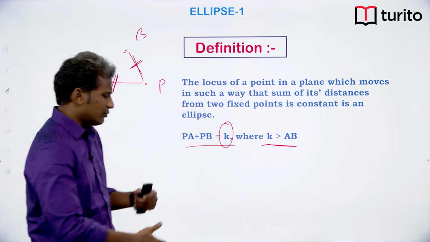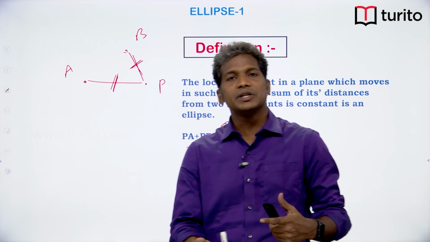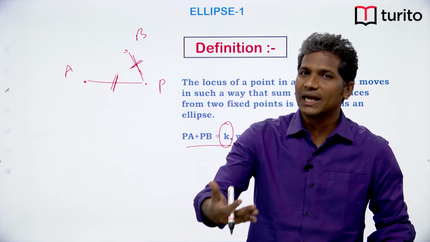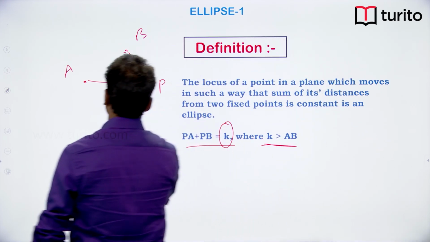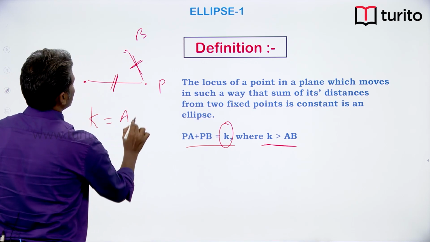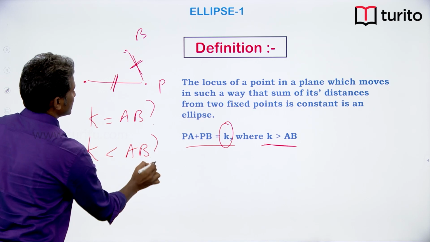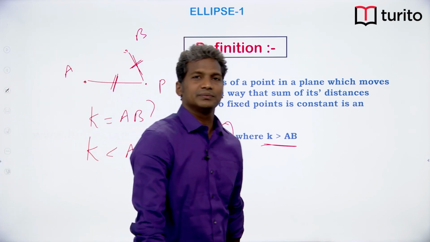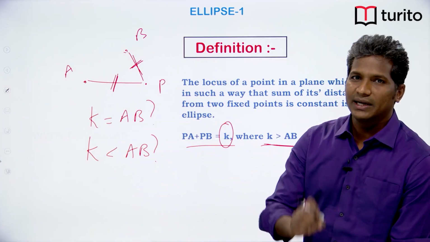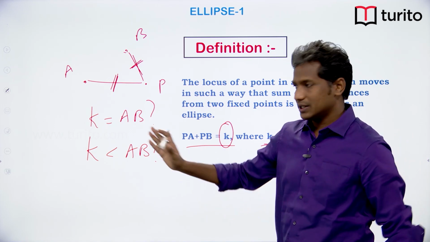Now it is your job to explore what happens if K is equal to AB and if K is less than AB. These two you explore and tell me. You might have given a thought now. Can I answer?